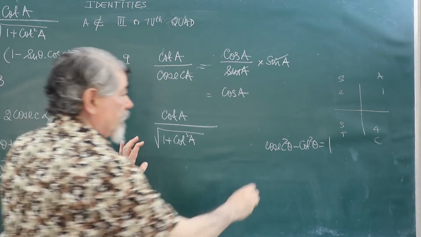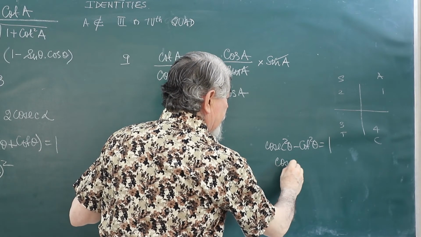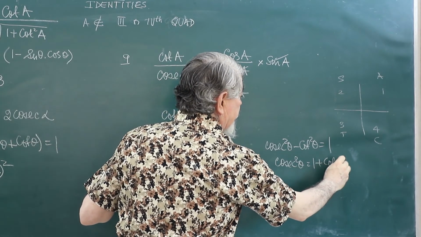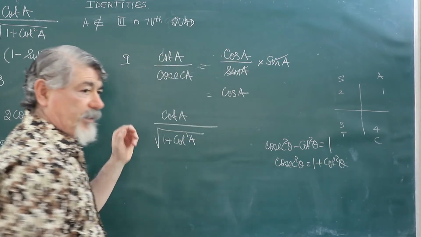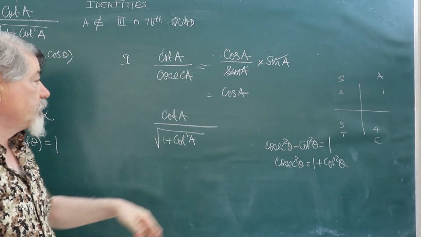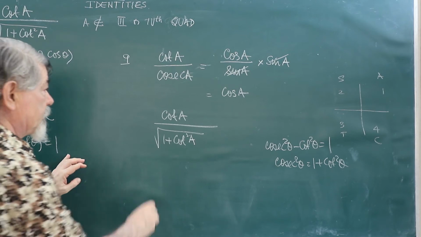I am writing cosec square theta is equal to 1 plus cot square theta. You don't have to show it; I am showing it for you to understand. But you should know that 1 plus cot square theta is cosec square theta.